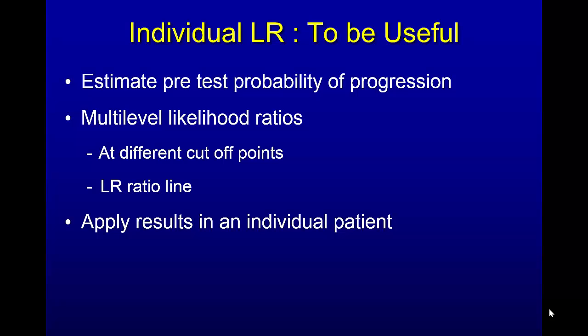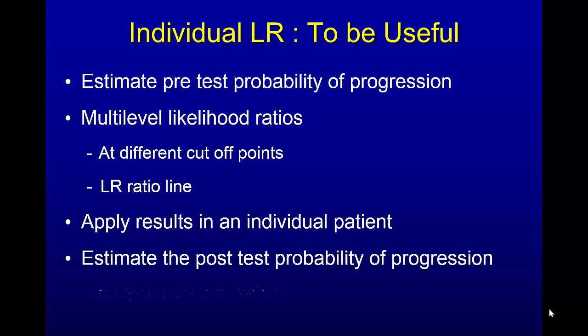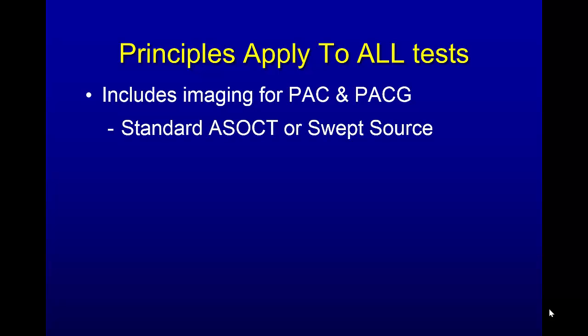And you apply the results in an individual patient to estimate the post-test probability of progression in that particular patient. It is not a general sensitivity and specificity that you use. These principles apply to all tests, not just glaucoma and not just open-angle glaucoma, but also to ASOCT and swept source ASOCT.